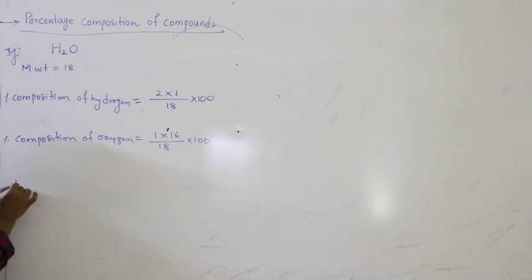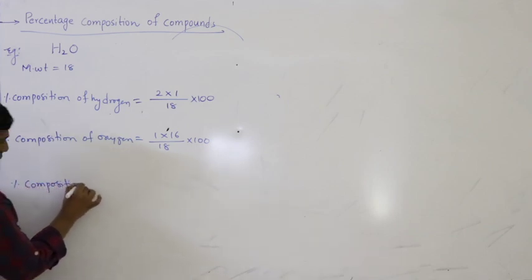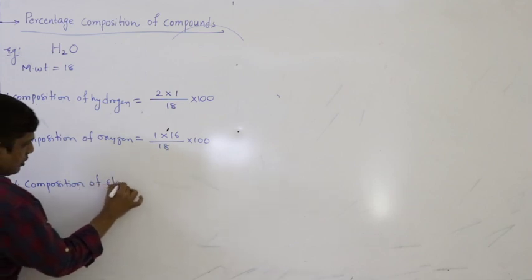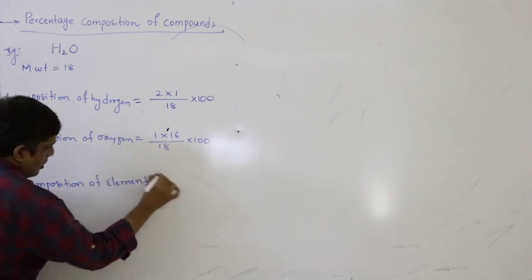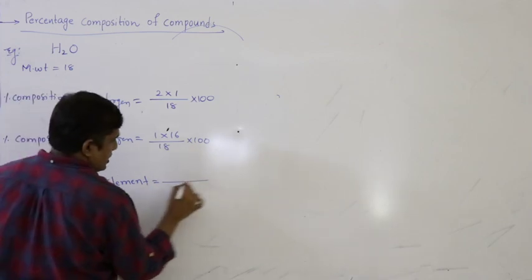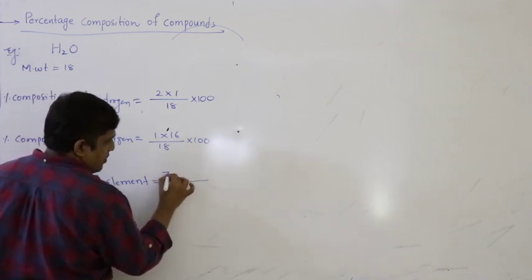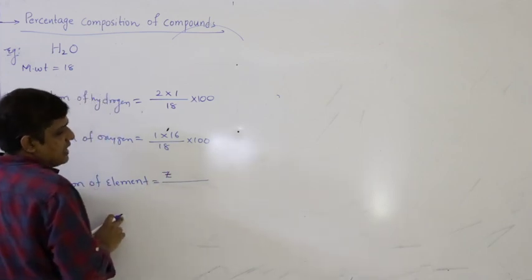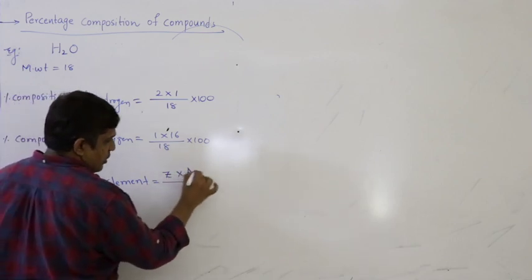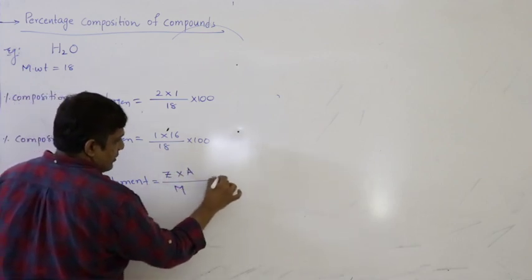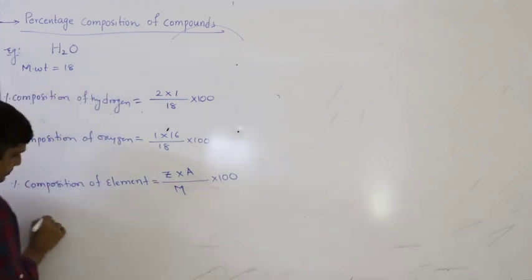So, in general, percentage composition of elements in a compound is equal to number of atoms of that element into its atomic weight by molecular weight into 100.